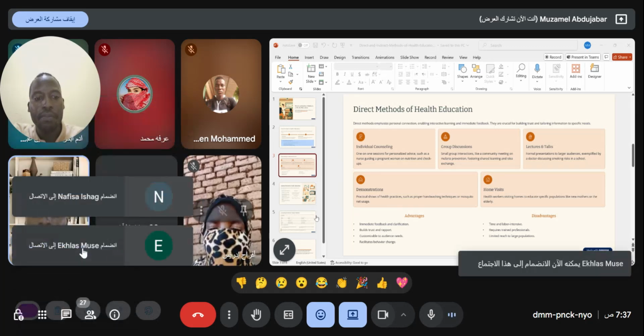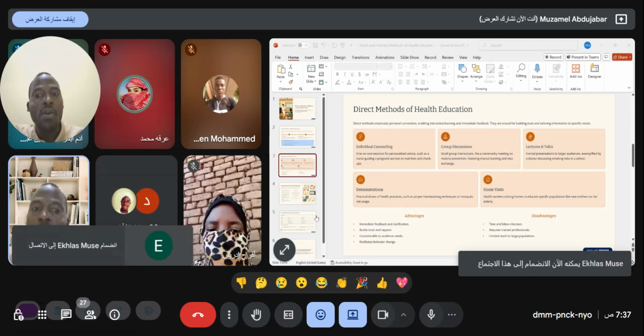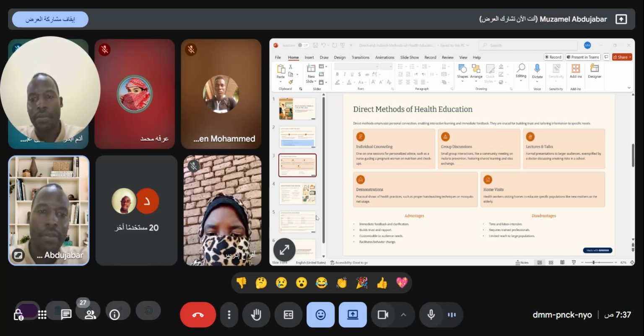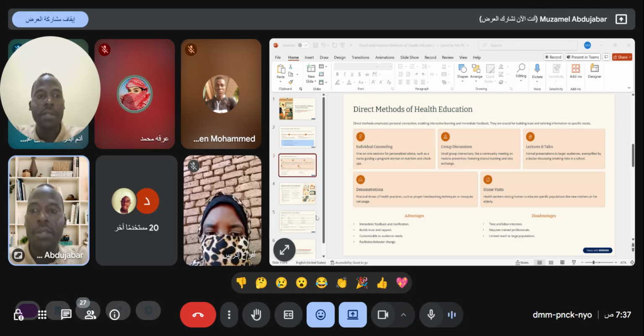This is called group discussion. It's more than seven, up to about 12 people. An additional way of the direct method of health education is lecturing. Lecturing, as I mentioned, like this.